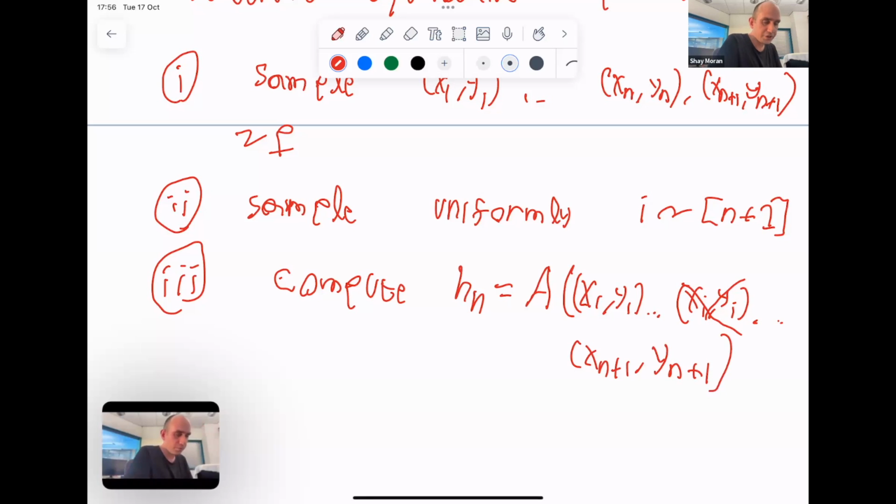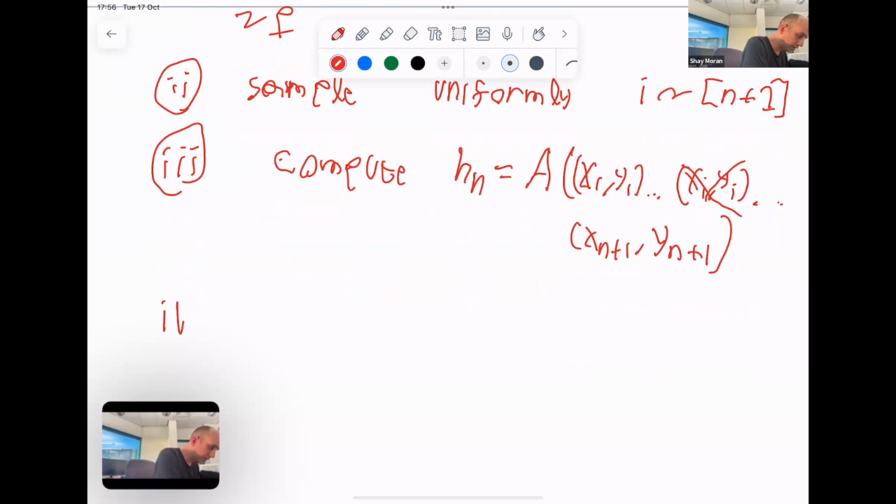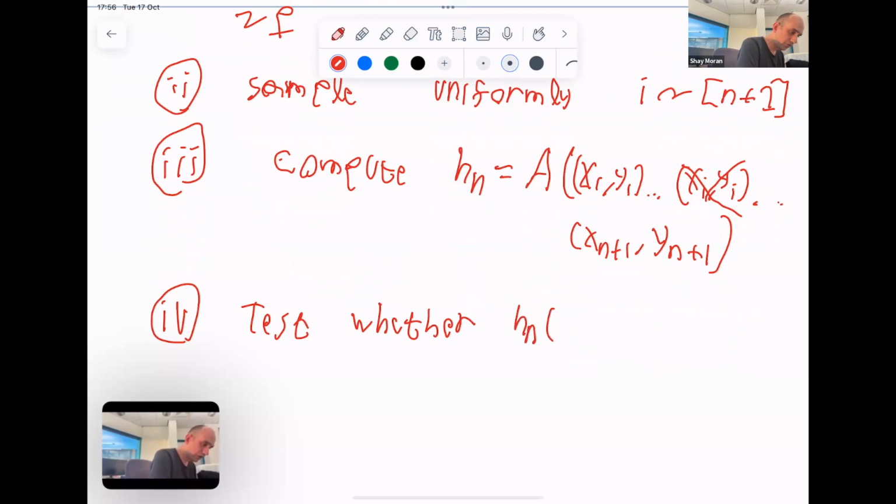Okay, so we compute Hn on everything but the test example, and then we test whether Hn of xi is equal to yi.